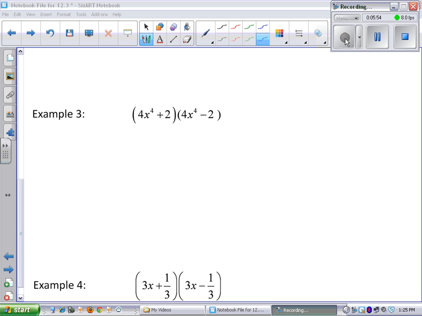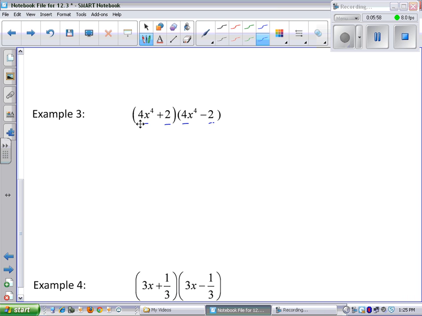I have another conjugate pair. You see that these are exactly alike, except for the middle term is what varies. So I'm going to FOIL this out. 4x to the fourth times 4x to the fourth would be 16x to the eighth. Remember that x to the fourth times x to the fourth, when we multiply like bases, we add the exponents.